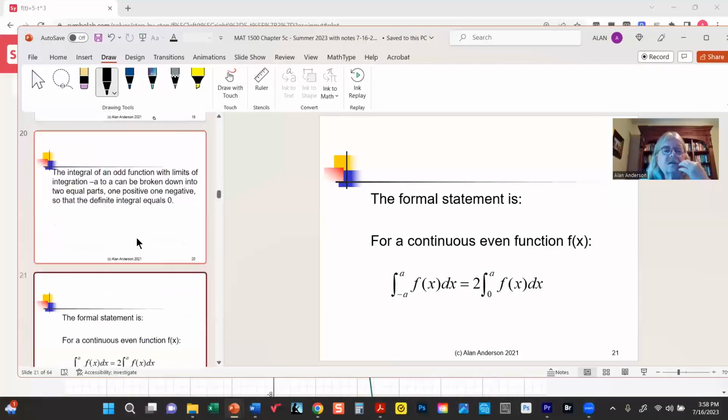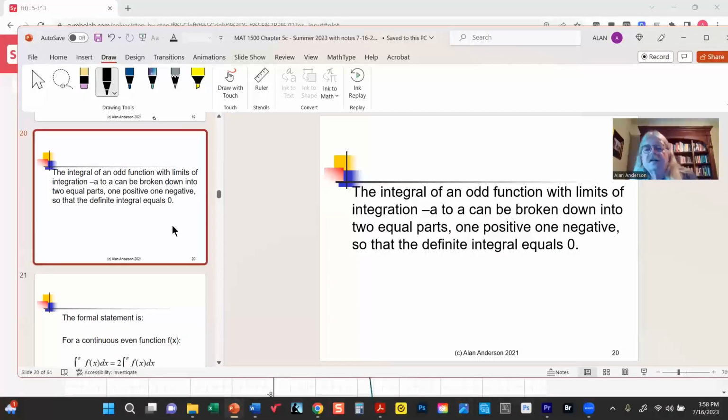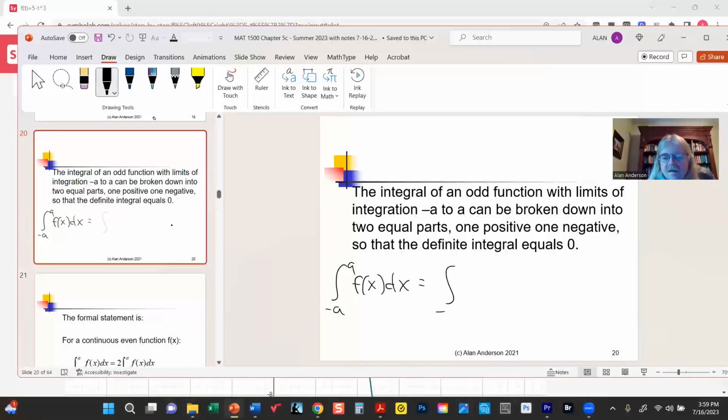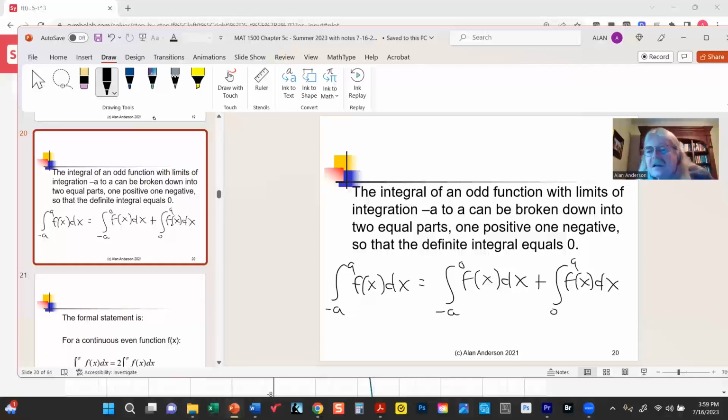An odd function is a little different. It turns out that if we do this with an odd function, though, these two will have the opposite signs. They'll be the same value, but with opposite signs.